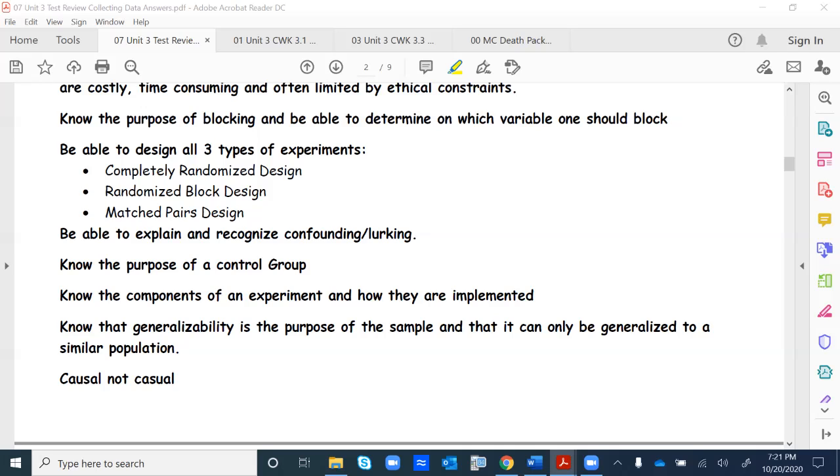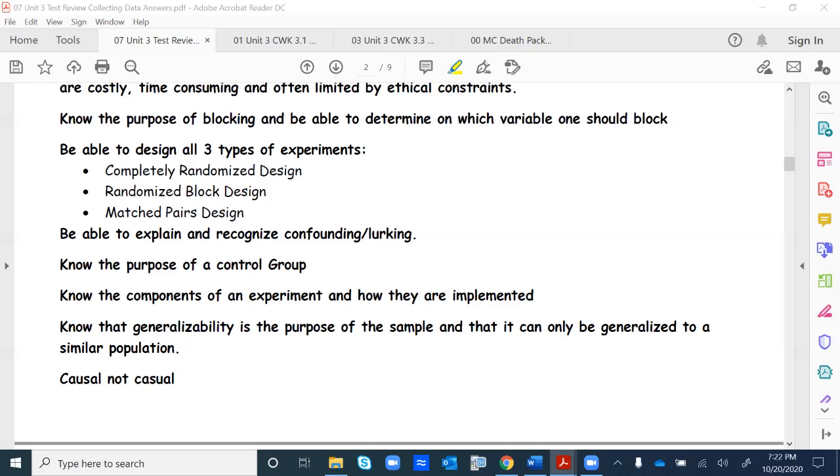You need to know the purpose of a control group. The purpose is to provide a baseline so we know whether the changes we're observing are due to an outside variable that wasn't controlled for, or due to the treatments that we imposed.